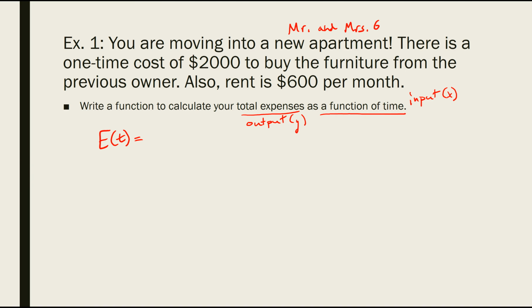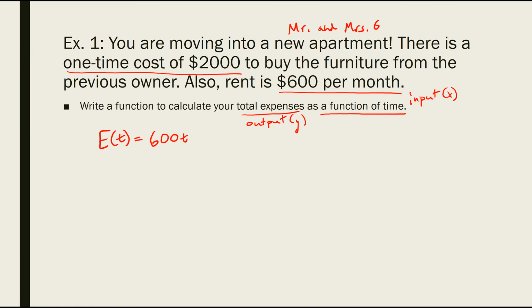What does that equal? Well, let's think about our expenses here. I have a one-time cost of $2,000, and then I have $600 per month. So thinking about t as time, shouldn't I do 600 times t? Because as the months add up, as I get into month 2 and 3 and 4, I'm paying $600 each month. Repeated addition is multiplication.